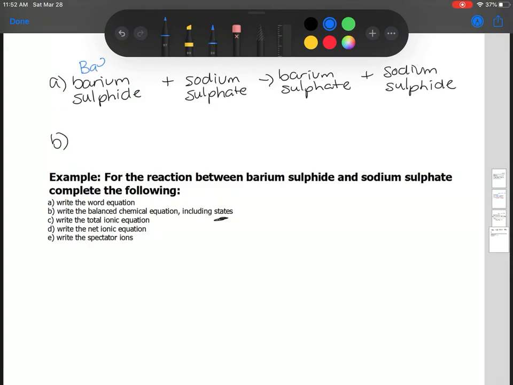Okay, so barium is in the second column. It's an alkaline earth metal, it is 2+. Sulfur is 2-. Different from sulfate, which is on the back of the periodic table. And then sodium is an alkali metal, so its charge is +1.